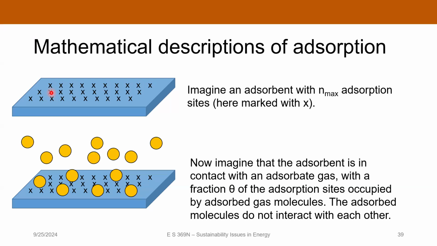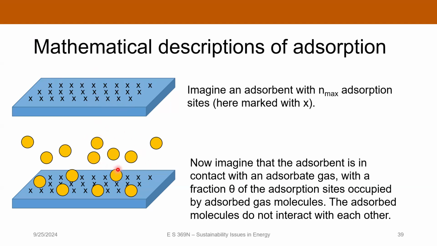So in the case of chemisorption, this is pretty easy to imagine. These would be active sites where you can have chemical bonding happen. In the case of a physisorbent, like a zeolite, you could think of these as potential wells where you have the favorable van der Waals interactions that cause the CO2 to stick there. But anyway, so we'll mark those with an X, okay?